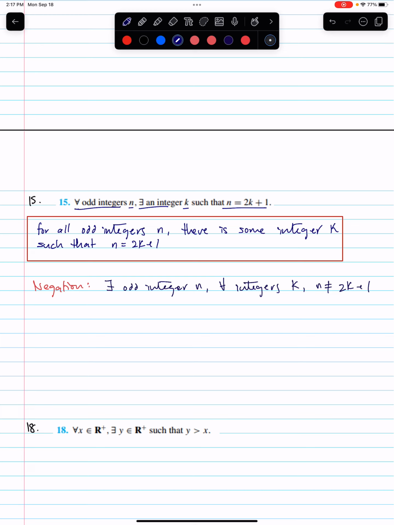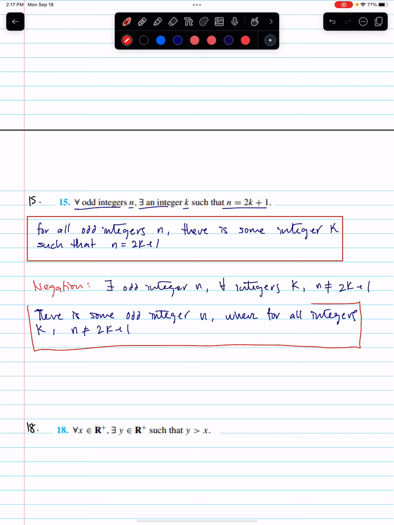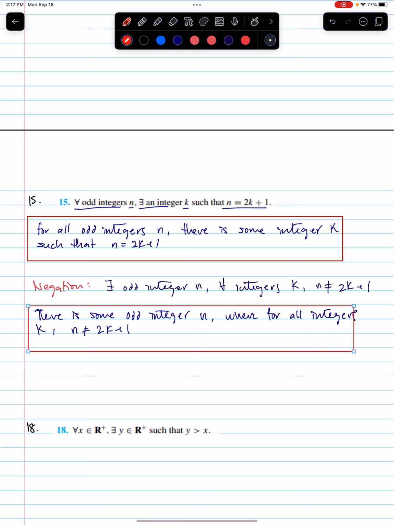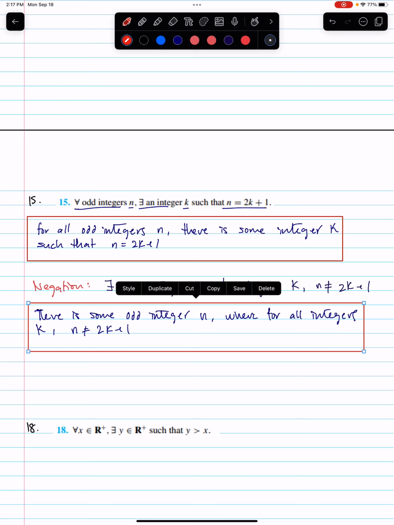Right, so there is some odd integer n where for all integers k, n does not equal 2k plus 1. Yep. Alright, moving on.